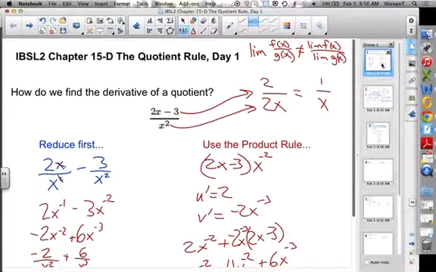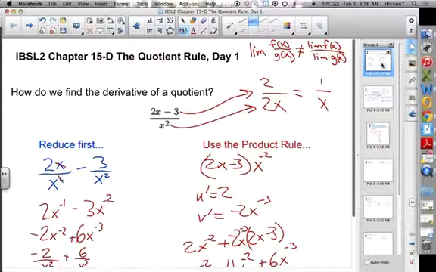But if you see division, you know you can use the quotient rule. If you happen to see a way to reduce, or a way to write it as a product, those are alternatives. But anytime you see division, you can use the quotient rule. Anytime you see two things multiplied together, you can use the product rule.